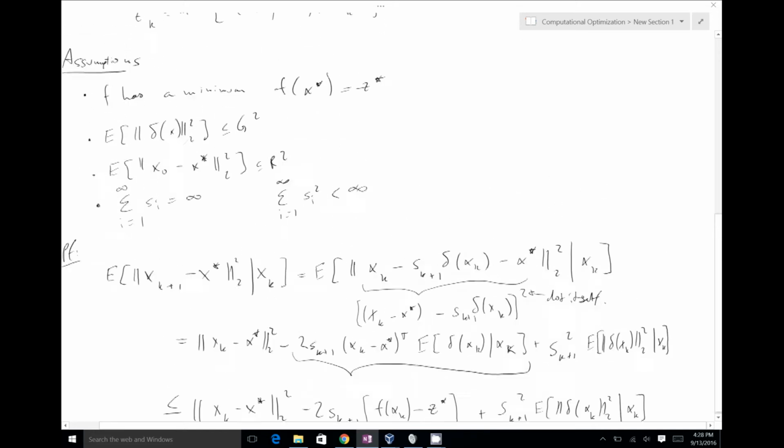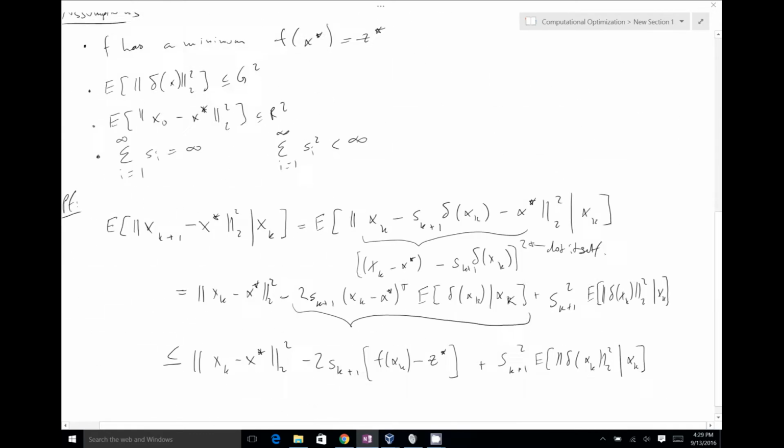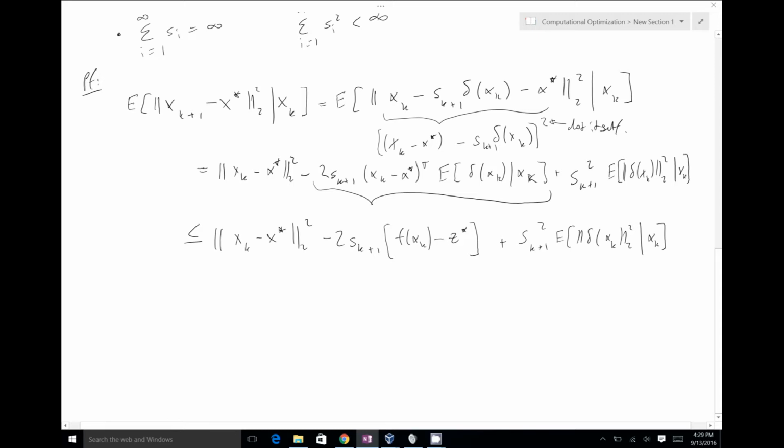Okay, so by just moving things around, I can get basically the inequality that we have here, right? So you move both of the f's on one side, you have the expectation times x star minus xk on the other side, and you get that expression there. Okay, I hope this makes sense. So we're applying the unbiased stochastic subgradient definition right here.